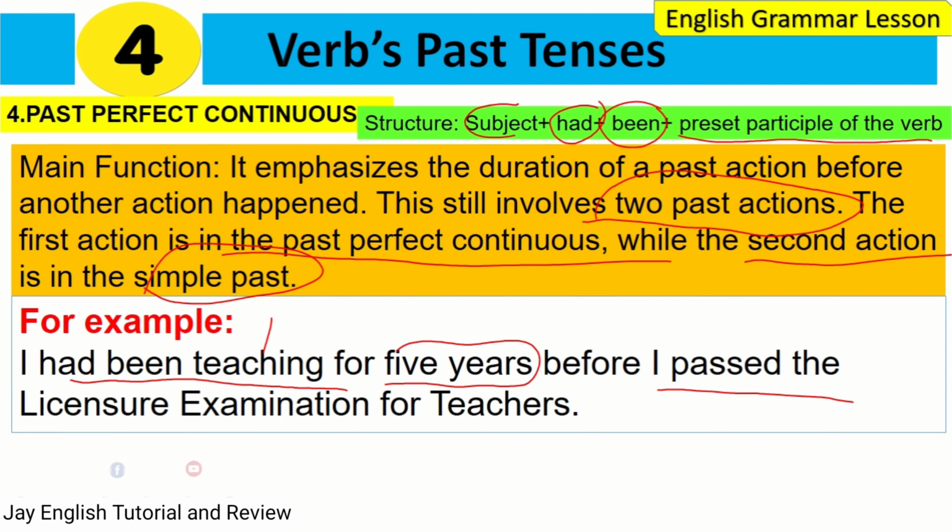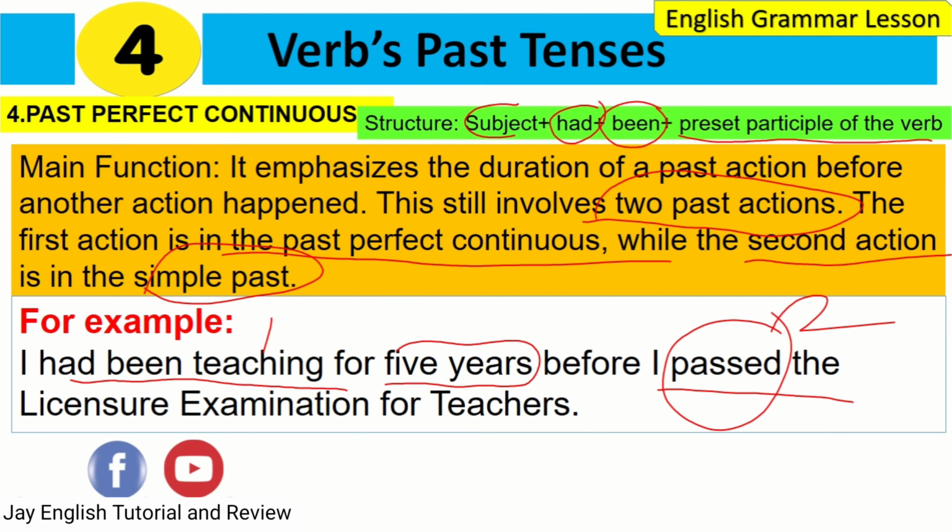That is why we used here passed. Passed is the past tense of the verb pass. Then we just add ed to make it into past tense. So I passed. So this will be our second action. Okay? Again, the first action is had been teaching, and our second action is I passed the licensure examination for teachers. Then in our first action, do not forget to have the time duration. So it is 5 years.